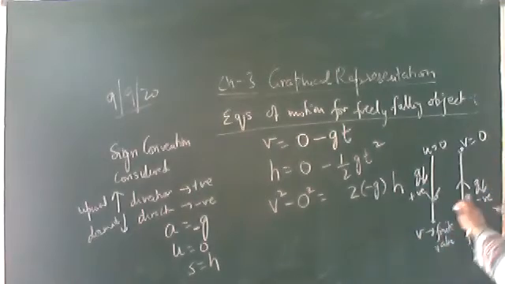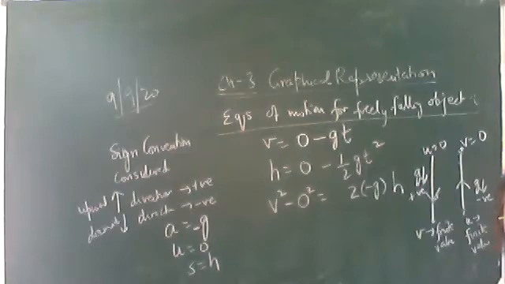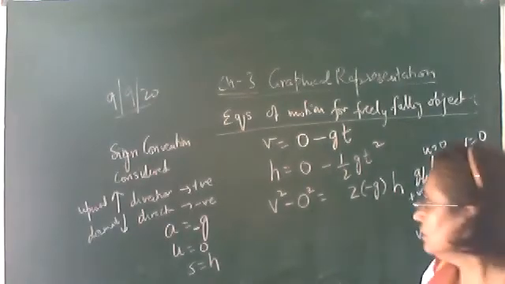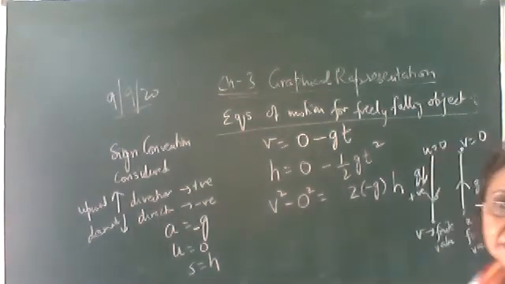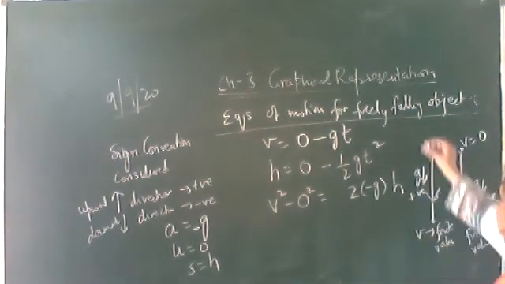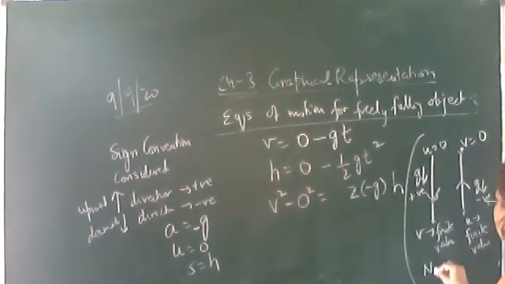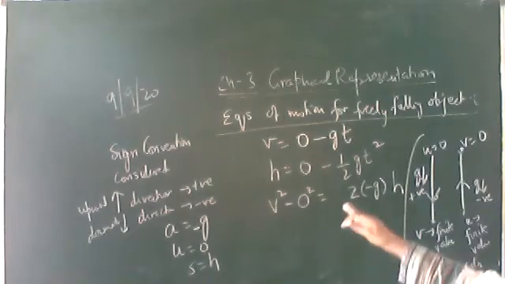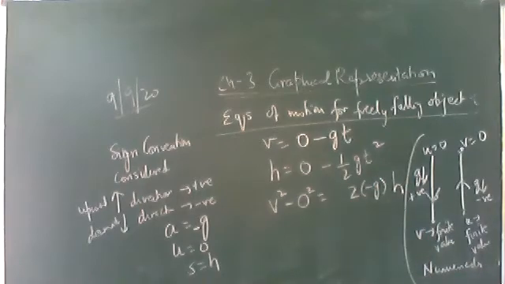Because g is always acting in the downward direction, when a body is thrown vertically upwards the motion is upward and g will be taken as negative. Now write this down. These points you can remember for numericals. Otherwise, if you have to write equations of motion, we'll consider the earlier sign convention only.